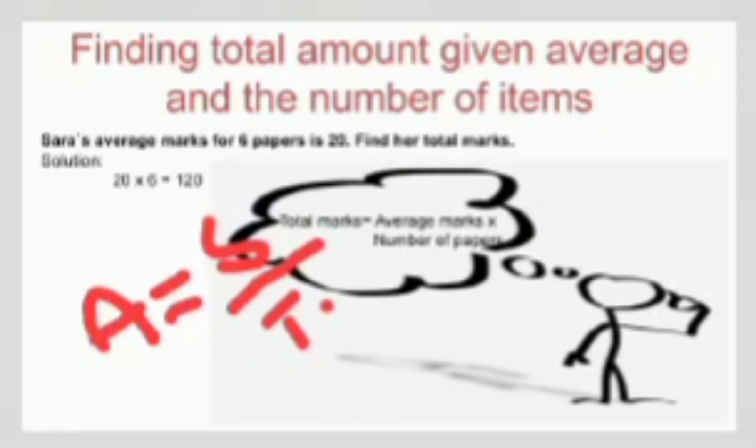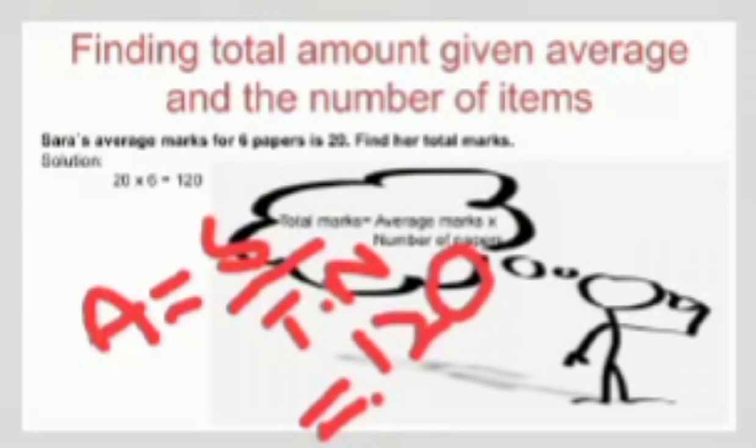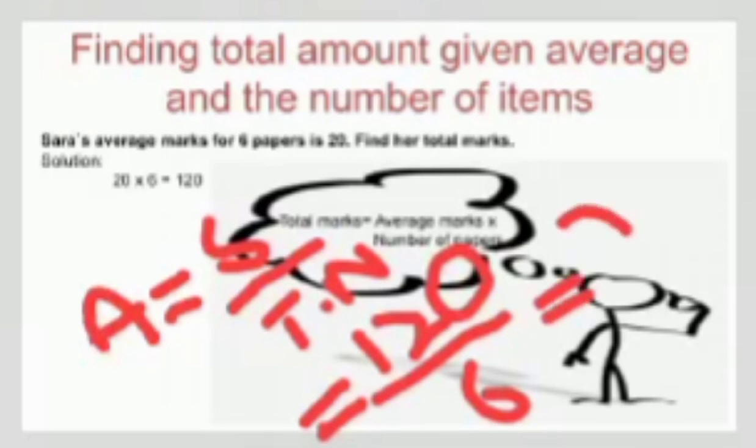So the sum, or total amount, which I have is 120, and the number of items, or number of papers, was 6. So 120 divided by 6 gives me 20 as the average. It means that my answer is correct. You can check your answer like this.